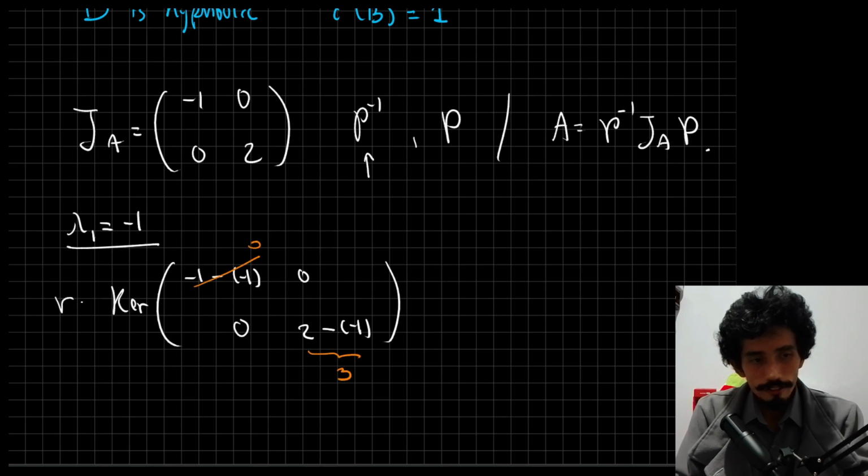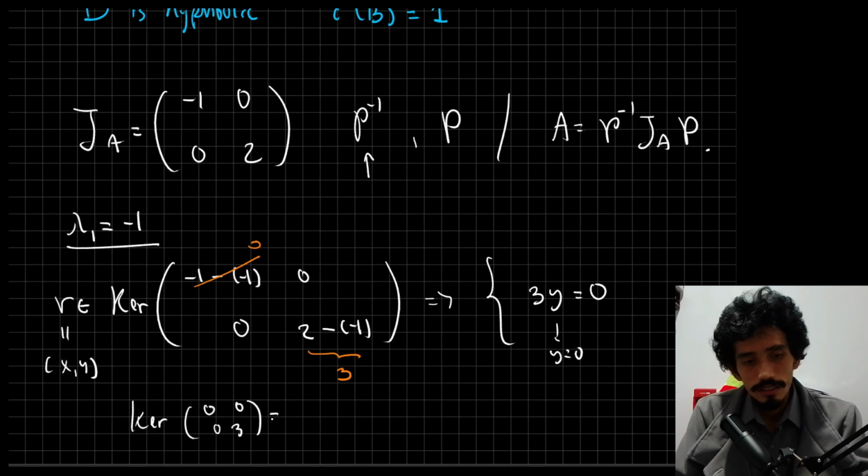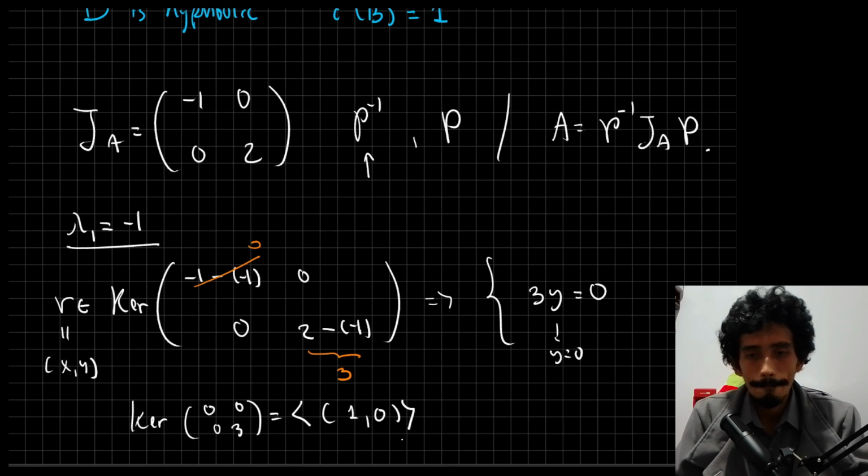Every vector in this kernel satisfies that, if the vector v is equal to x and y, then we only have that 3 times y is equal to 0. So y is equal to 0, and this kernel is the subspace generated by this vector.